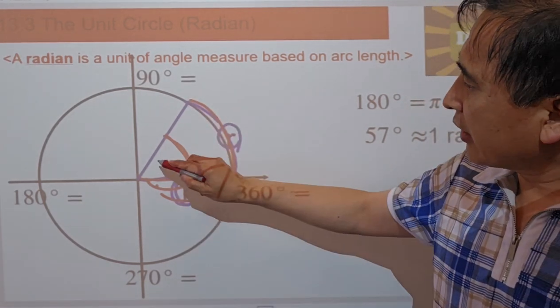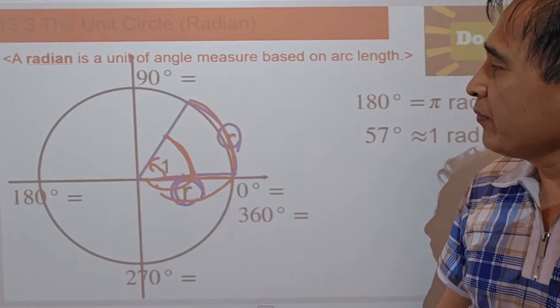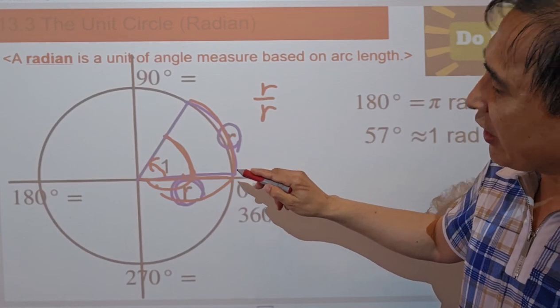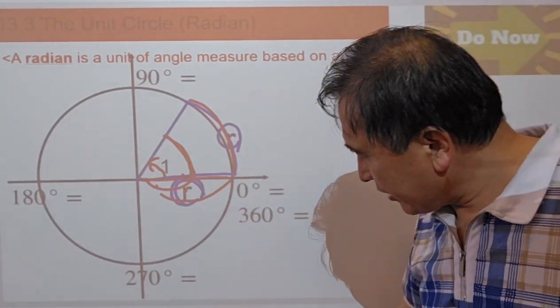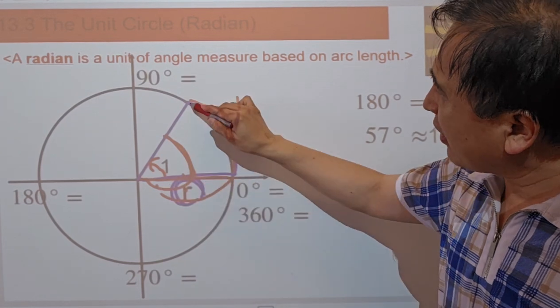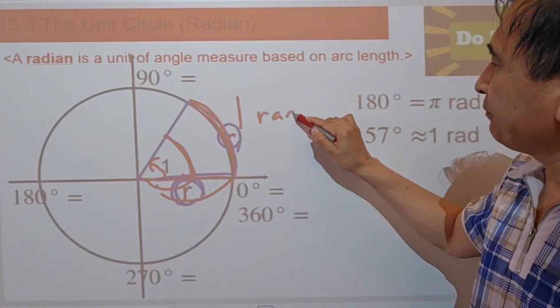The angle is always the same, which makes r over r, so they named this one the radian. Without a degree sign, this is 1 radian, when the radius is the same length as the arc length. That one we call 1 radian.